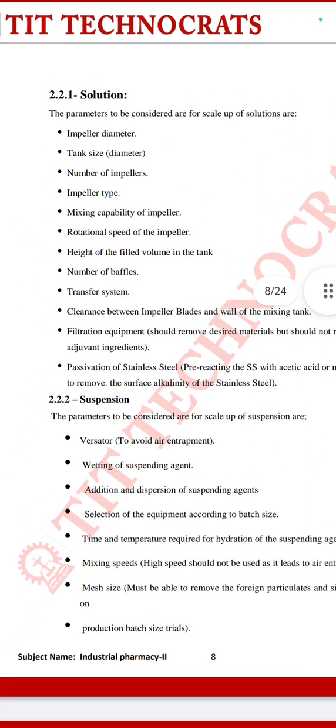So first one is solution. The parameters to be considered for scale up of solutions in pilot plant: first one, impeller diameter. These all are the parameters to be considered at the scale up of solution, that is liquid preparations.